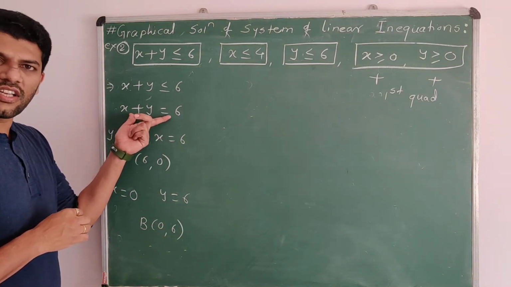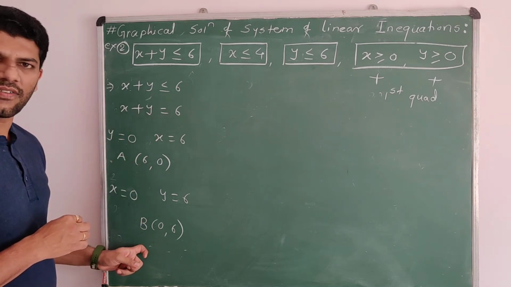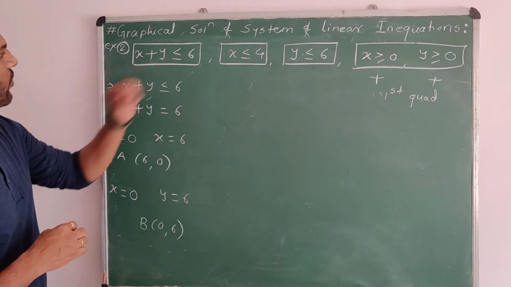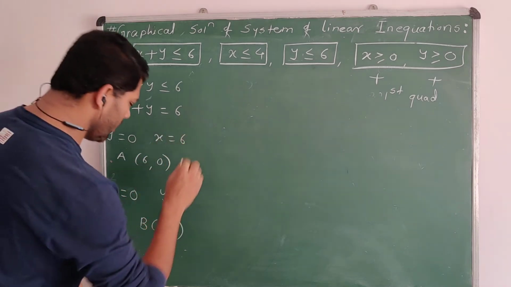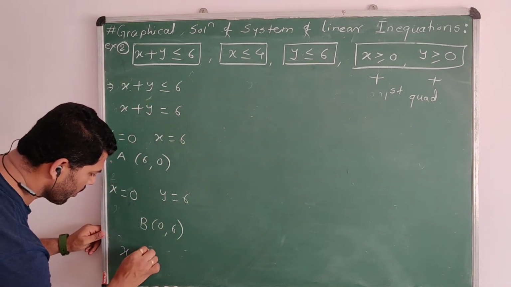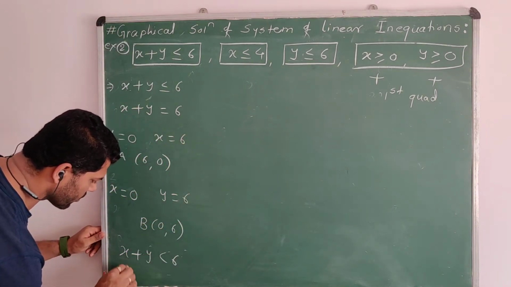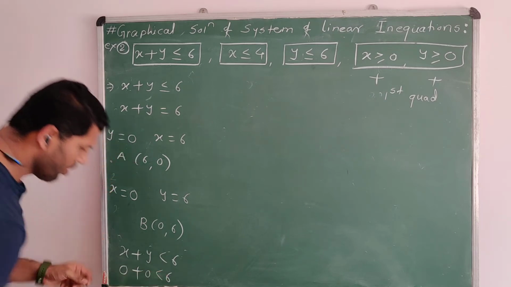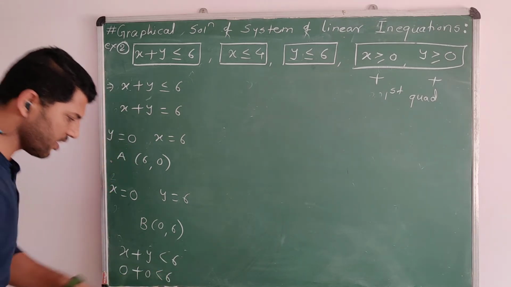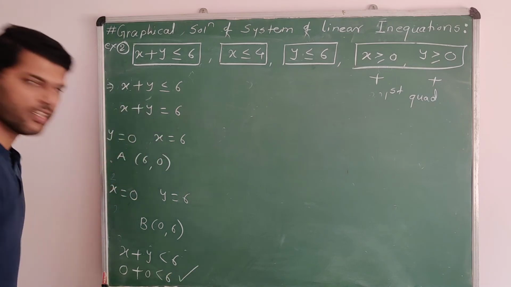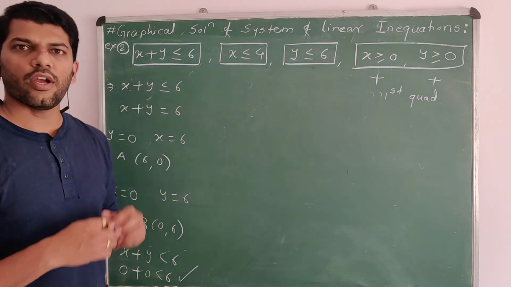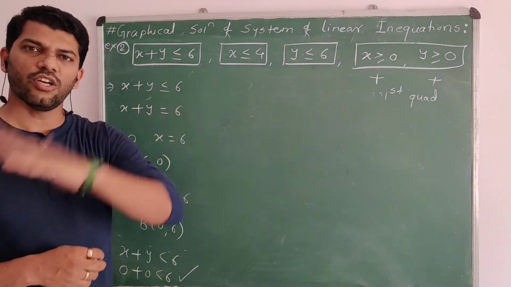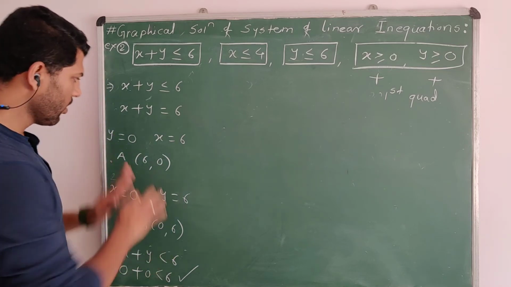Now we can draw this line using these two points on the graph. What about the origin: is it valid or invalid for this inequality? If you check x plus y less than or equal to 6 and substitute the origin, 0 less than 6 is valid, which means the origin is a valid point for this inequality, so you have to shade on the origin side.